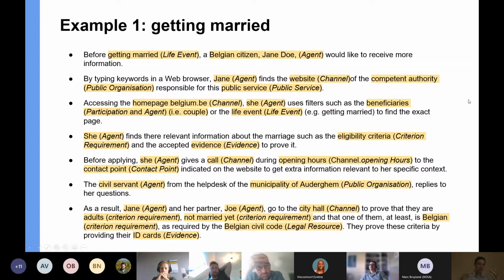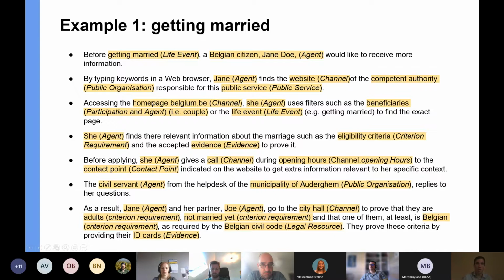She starts her journey by typing some keywords in a web browser. Based on the keywords, she finds the website of the competent authority. In this case, she's living in Oudergem in Brussels, and she would like to receive information from that municipality directly.